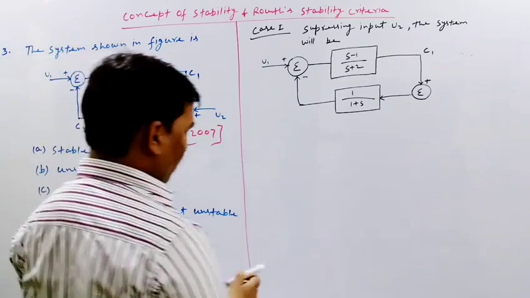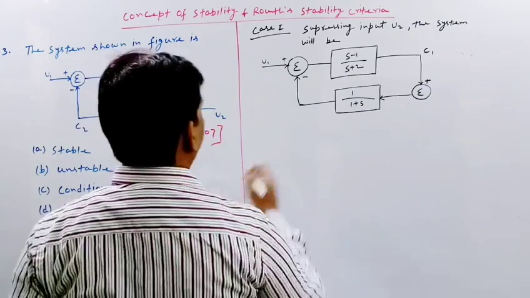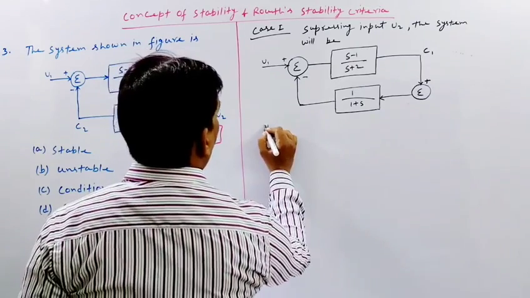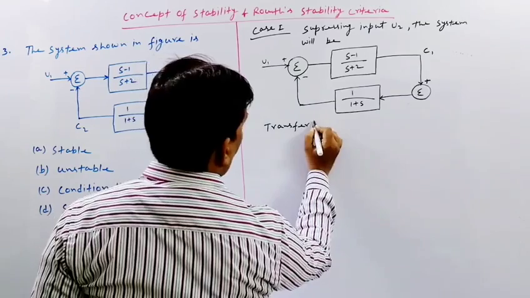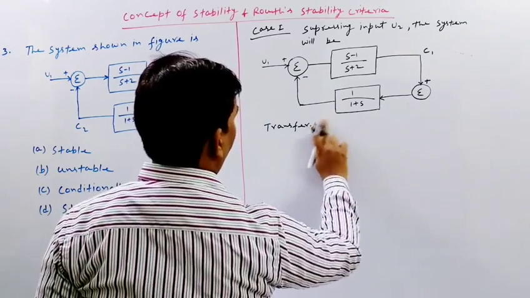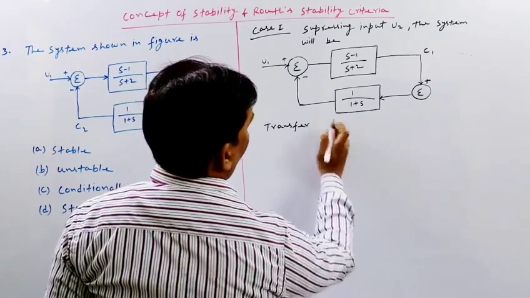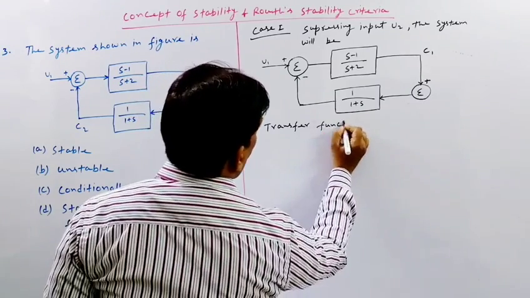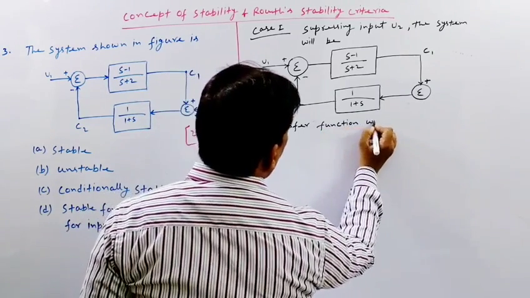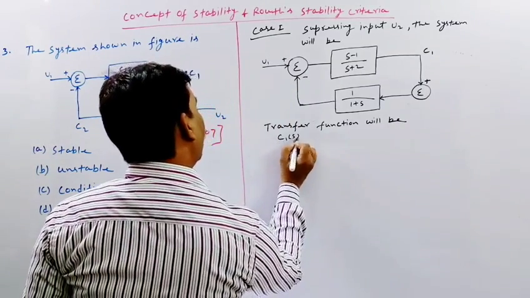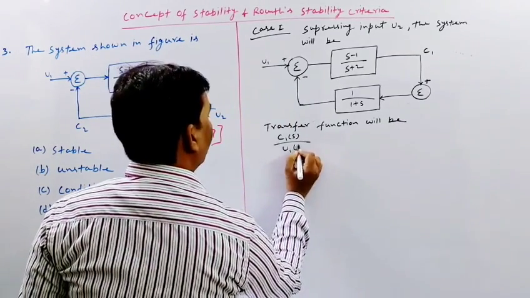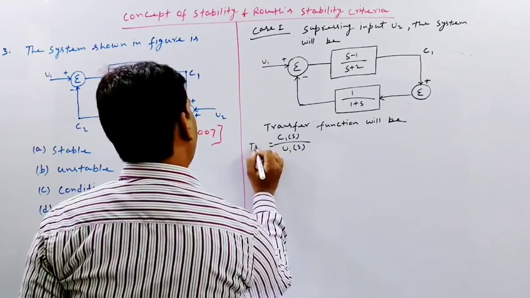So the transfer function C1(s) divided by U1(s), we can say this as T1(s).